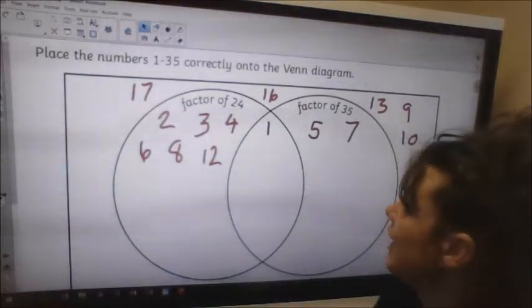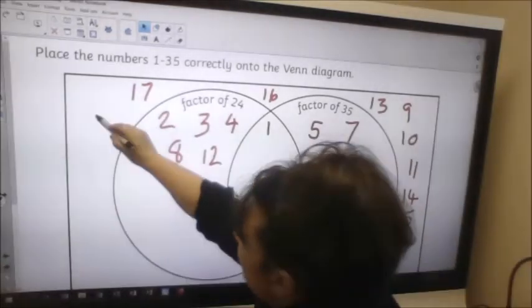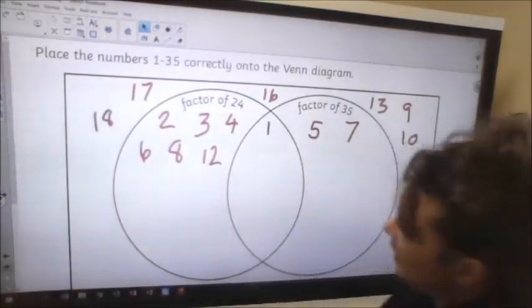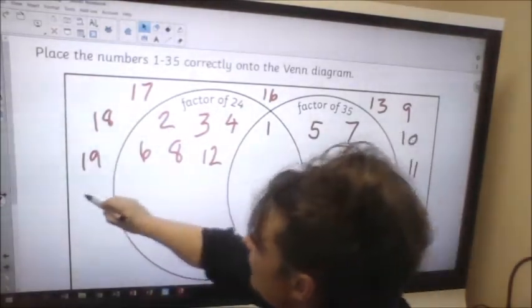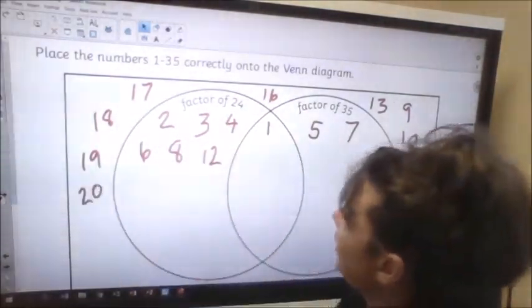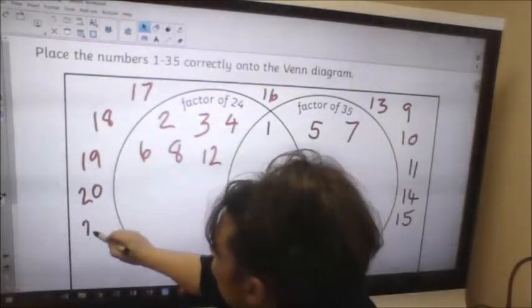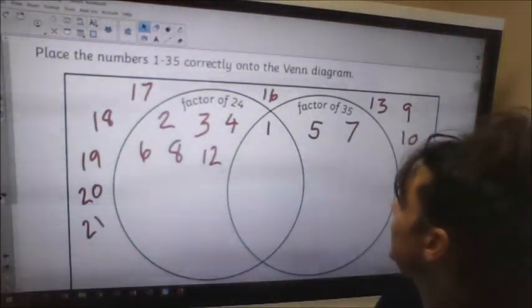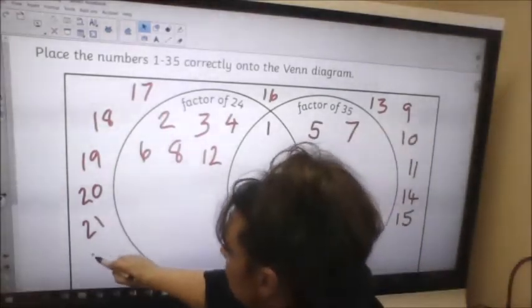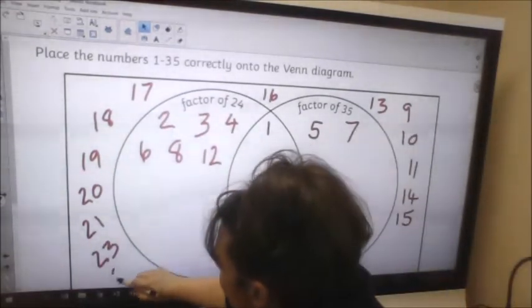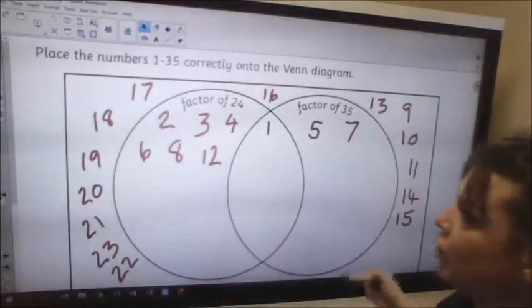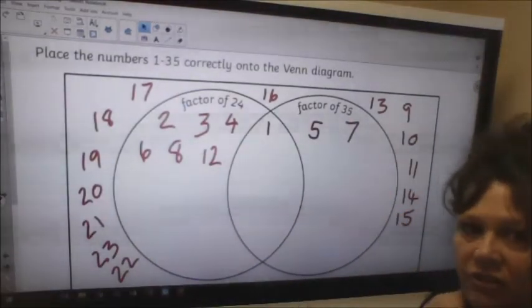18, that would go into 36. 19, that would go into 38. 20 would be on the outside. 21 wouldn't go. 22. Okay, and 23. I've done 23 already, and so on. And we'd keep going till we get to 35.